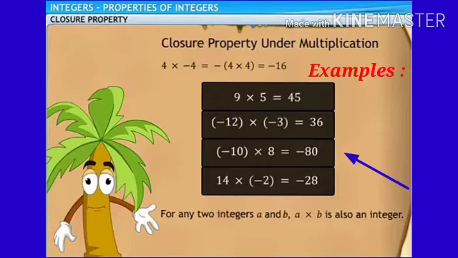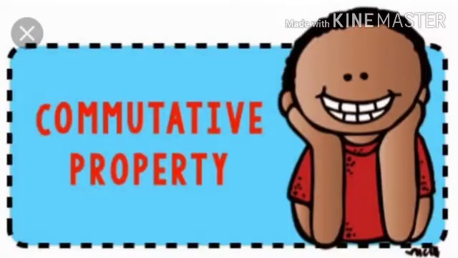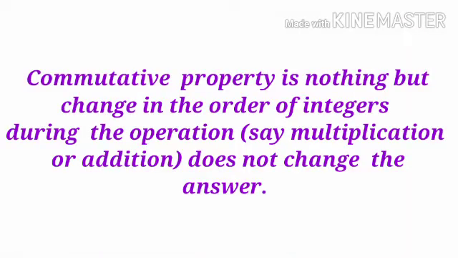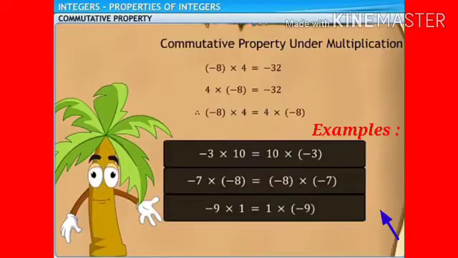Here I have given some examples. The next property is commutative property. Commutative property is nothing but a change in the order of integers during the operation, say multiplication or addition, does not change the answer. The order in which we multiply two integers does not matter.